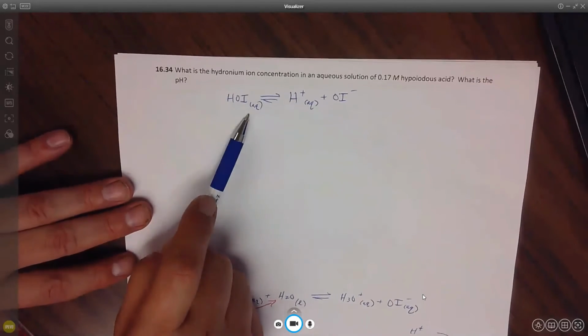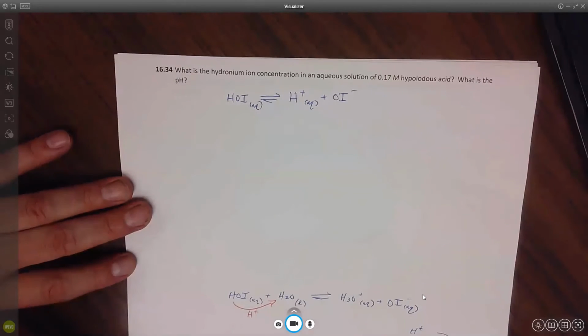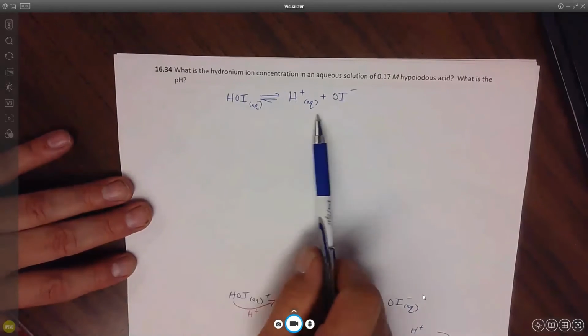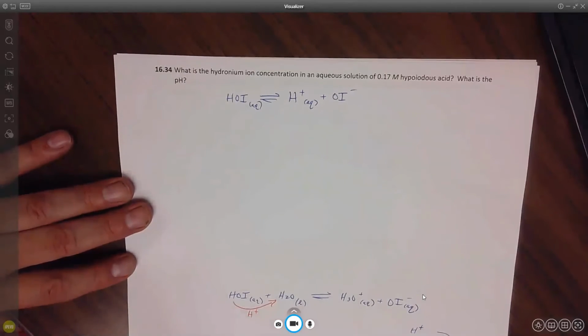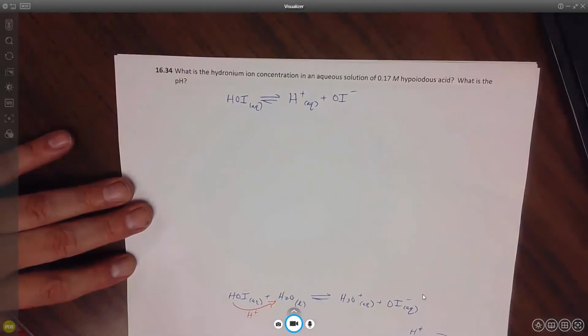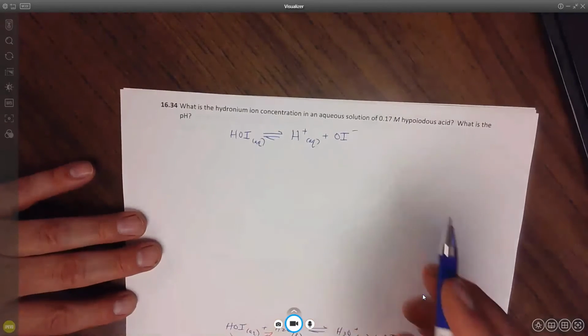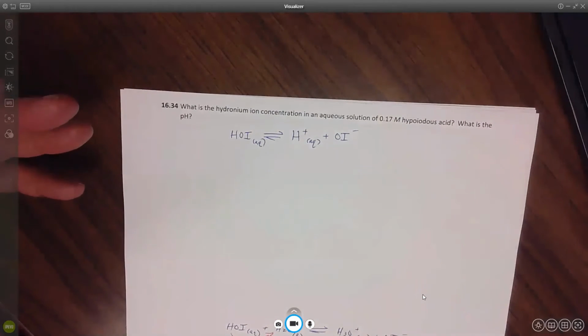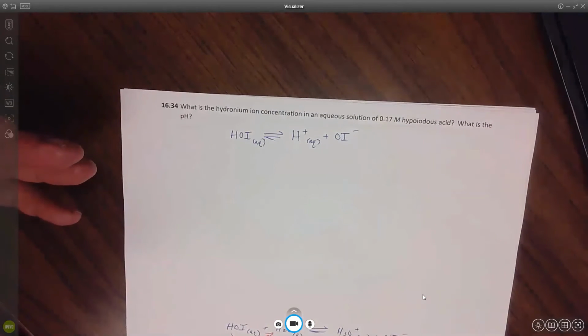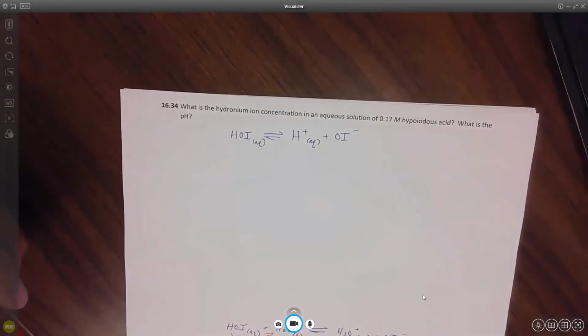This is just a shortcut, eliminating the water out of it. So again, I'm normally going to write it like this because I don't want to confuse folks, but I will do this on occasion because you will see this if you ever have to work with acid-base reactions. And a lot of you will. Any of you going into just about any of the natural sciences are going to have to work with this at some point in time.